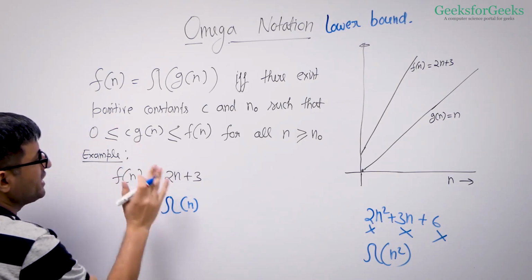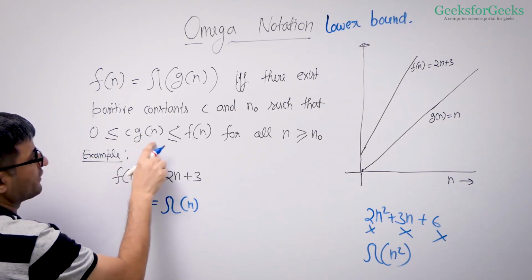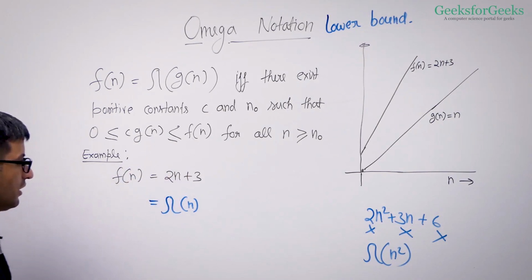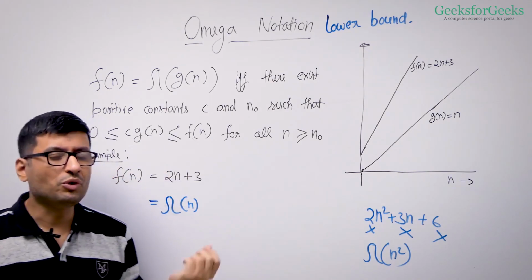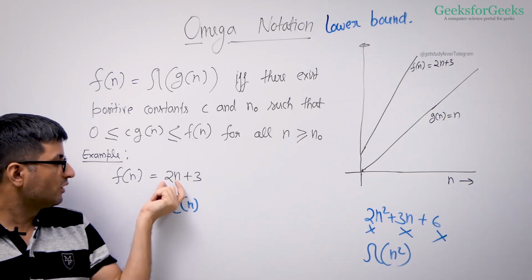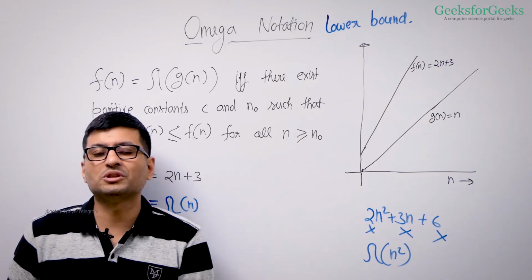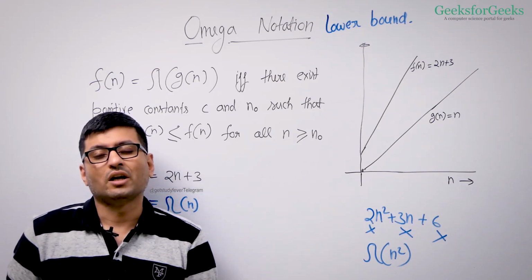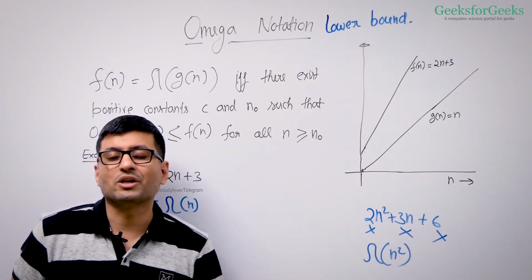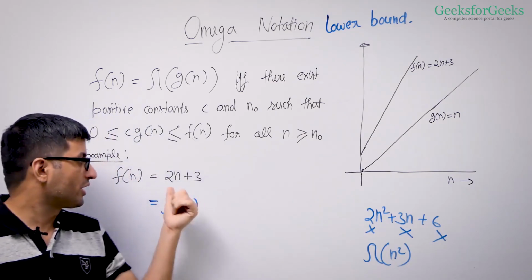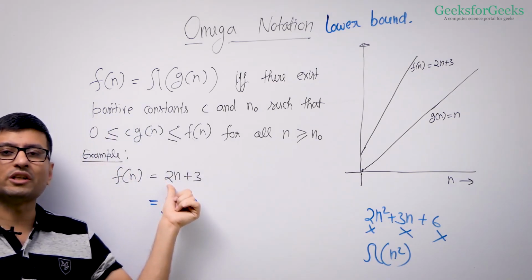We need to find c and n naught such that c of g(n) is always smaller than f(n). In big O notation, we were taking the constant of the leading term and incrementing it by 1, and we were using that as c. In big omega notation, we are going to do the opposite. We are going to take the value which is just smaller than this 2. Right?